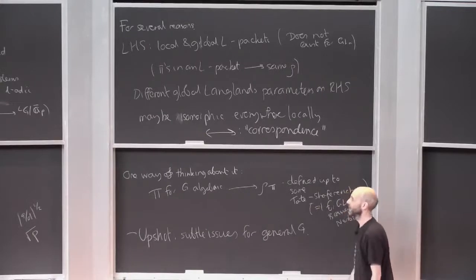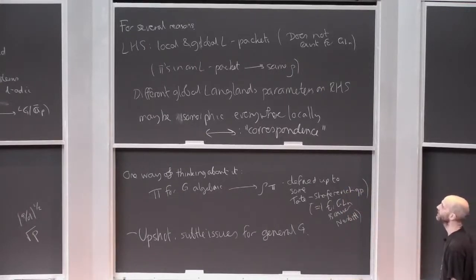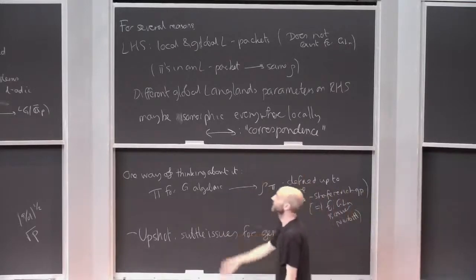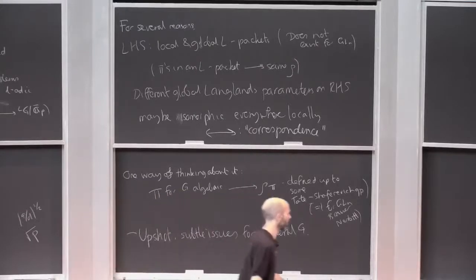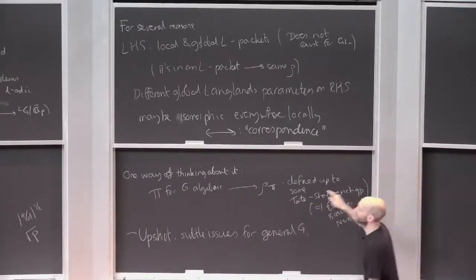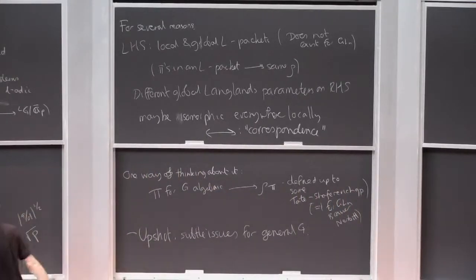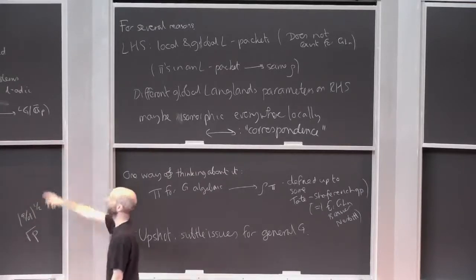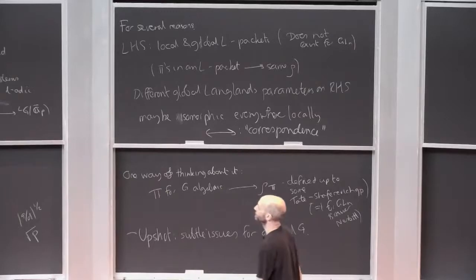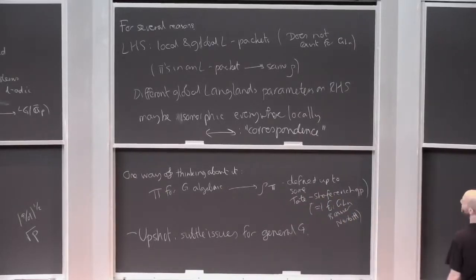This course is really, although I know something about general G, I wrote a paper on it, and the reason I wrote the paper was to try and understand what was going on, in fact. But let's forget general G. For general G, it's not quite a bijection, it's a correspondence. I don't quite understand how you can start going on about motives unless you understand motives with motivic group L_G or something. So let's forget it.